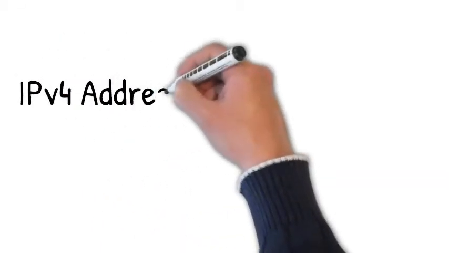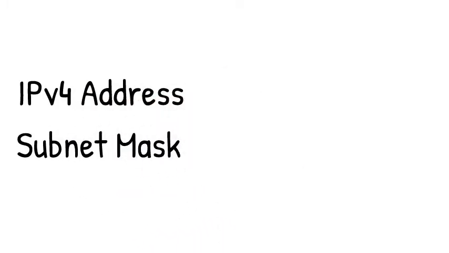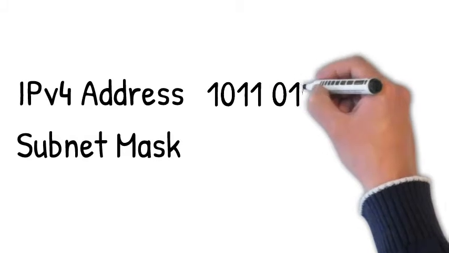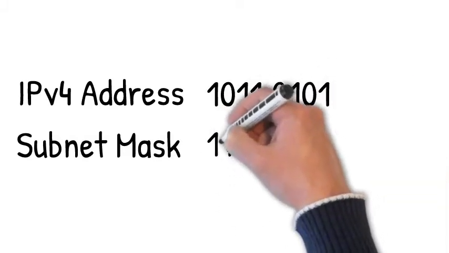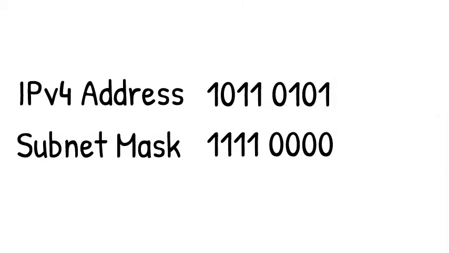So let's see what this is going to look like in binary. Now we're going to start with an IPv4 address and a network mask or subnet mask. These are not going to be full, we're just going to do part of a pattern in order to illustrate the idea. So our IPv4 address is going to be 1011.0101, and our subnet mask is going to be 1111.0000.